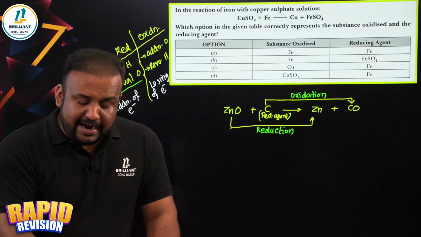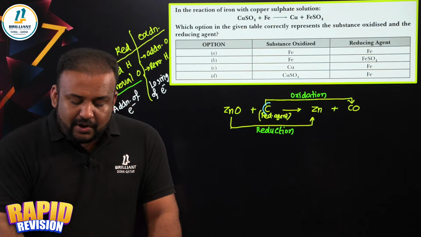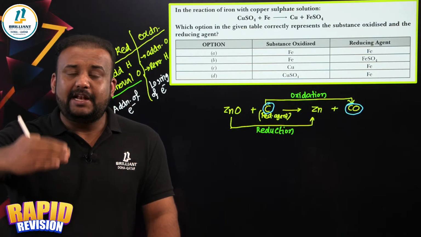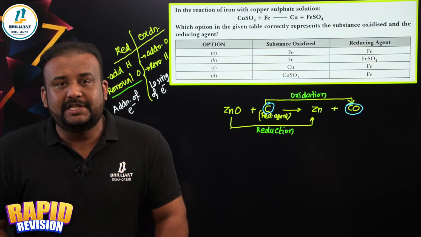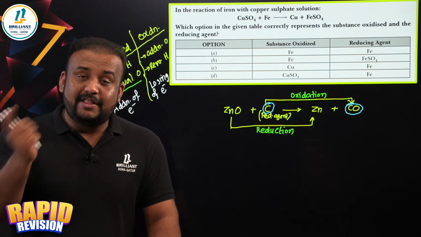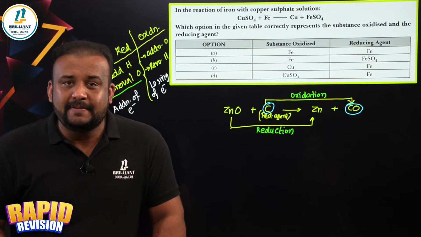Similarly, you can think in another manner. Look at this. Carbon has undergone oxidation to become carbon monoxide. So why do we say that carbon has undergone oxidation? Because it gained oxygen. Where did it get that oxygen from? It got the oxygen from zinc oxide. So in another way, you can say that zinc oxide is responsible for carbon's oxidation.